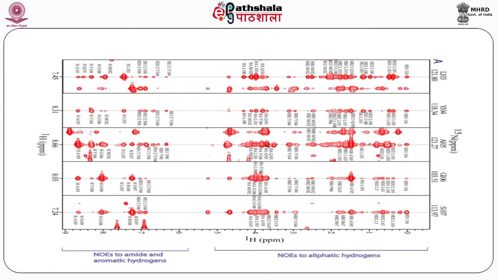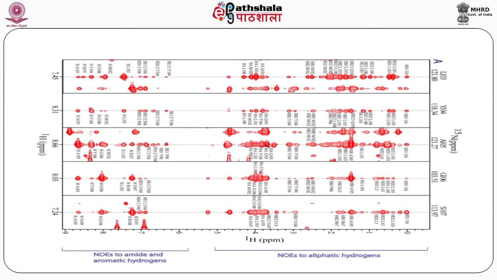So, HN, wherever the peak is labeled as HN for the same residue number, for example, for alanine 105, the H or HN 105 is the diagonal peak right at the bottom. And then all the other peaks are basically the peaks of protons that are within 5 angstrom distance.